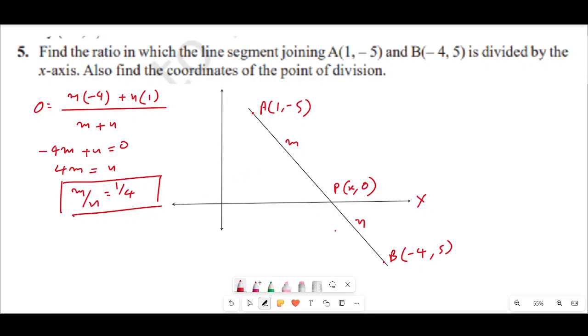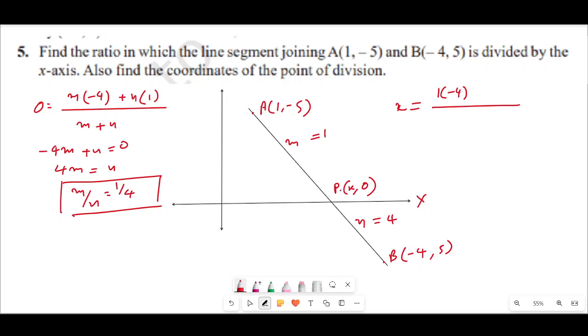Now how can I find out the coordinate of P? So m by n we know. Now here we will put 1 and here we will put 4. Clear? Now we can find out the value of x. Now 1 into -4 plus 1 into -4.